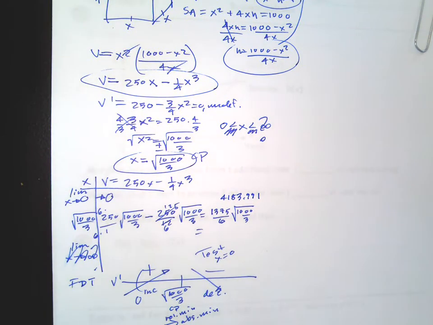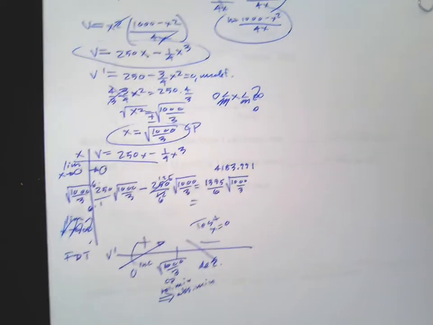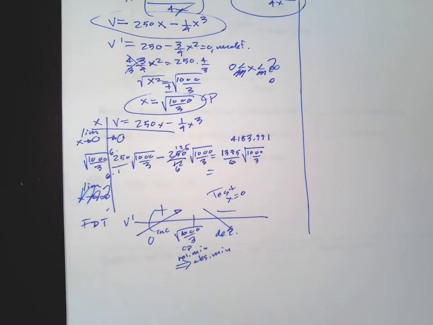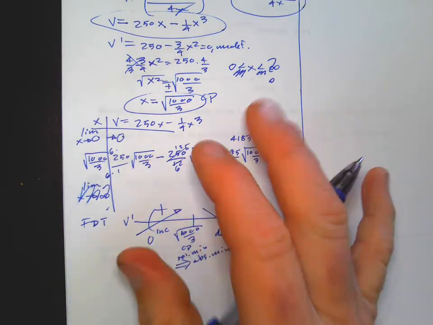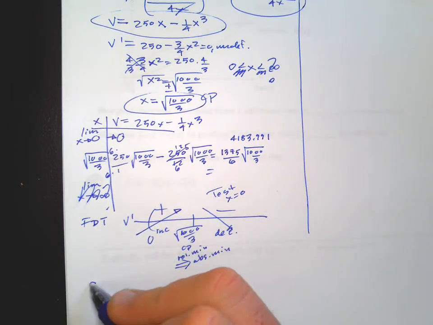I don't know if that's 100% correct, but I'm going to let you off the hook a little bit here and not fully justify this, because justifying this for the extreme value theorem is hard.